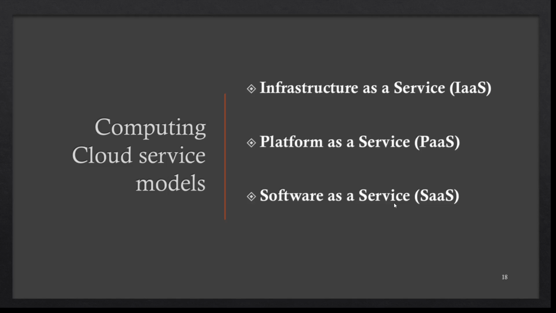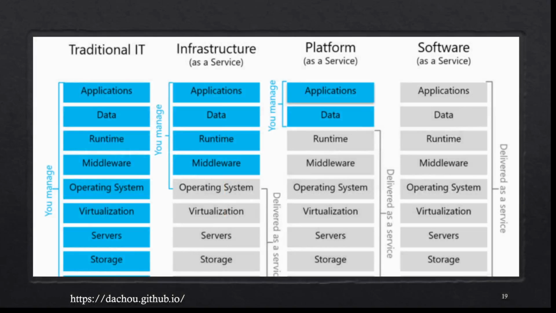Each provides a different level of manageability and customization for your solution. Now let's understand the software as a service. There is a good slide that will explain you the different service models in detail.